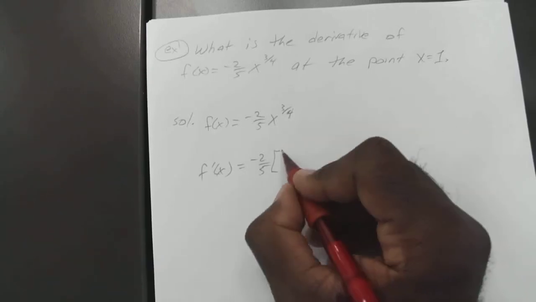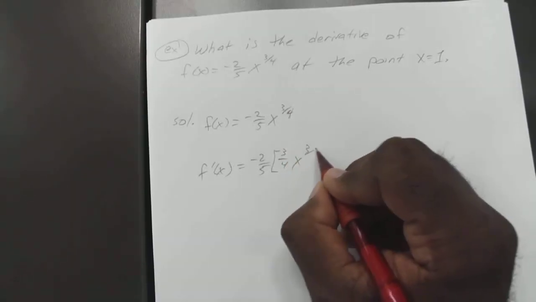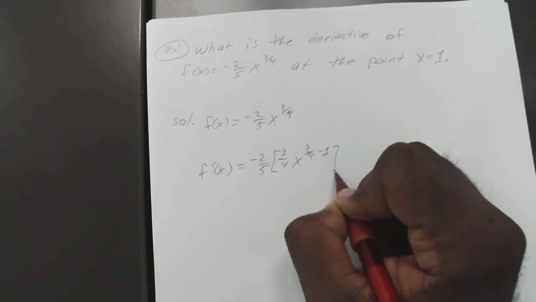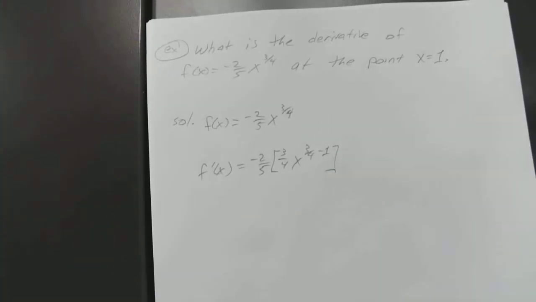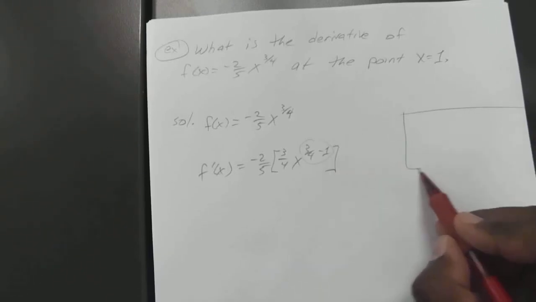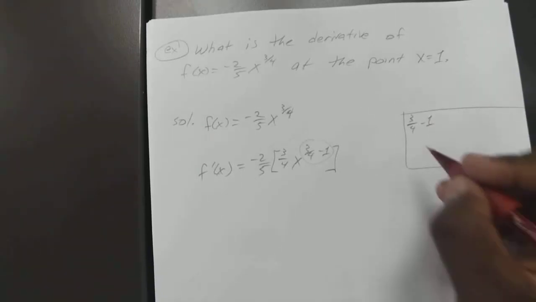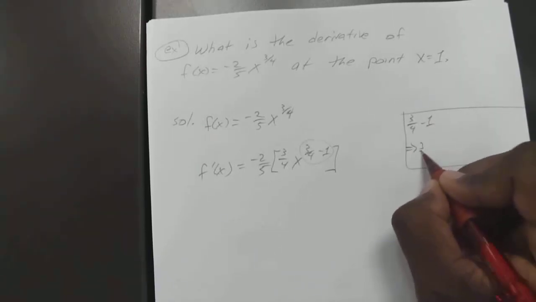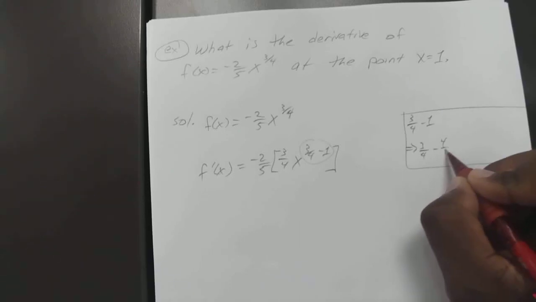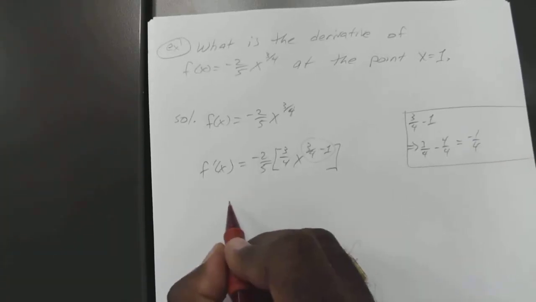You bring down your 3/4, you subtract 1. Okay, so this one, we can just do that right on the side over here. So 3/4 minus 1, you can rewrite that as 3/4 minus 4/4, which is negative 1/4.